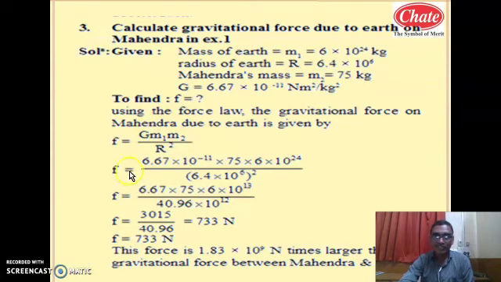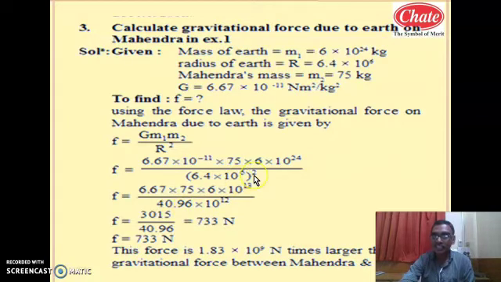Substituting the values, F equal to G, 6.67 into 10 raised to minus 11, times the mass of the Earth, 6 into 10 raised to 24, times the mass of Mahendra, 75 kg, divided by the approximate center-to-center distance squared. The distance is the radius of the Earth, 6.4 into 10 raised to 6, whole square. The square of 6.4 is 6.4 into 6.4, which gives 40.96.